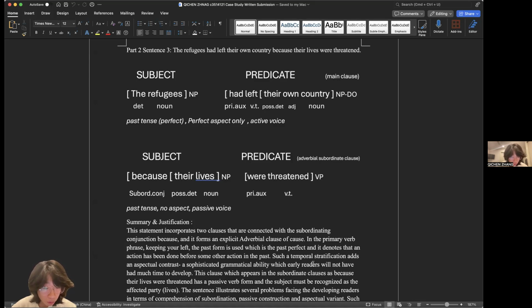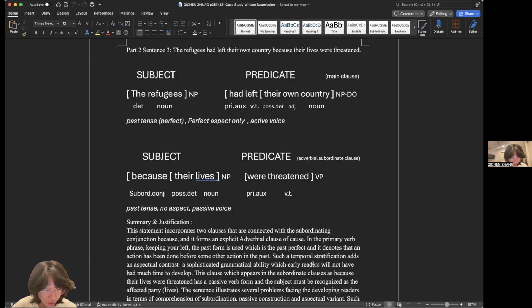Such a temporal stratification is a spectral contrast, a sophisticated grammatical ability, which early readers will not have had much time to develop. The subordinate clause, because their lives were threatened, has a passive verb form, and the subject must be recognized as the affected party, lives.